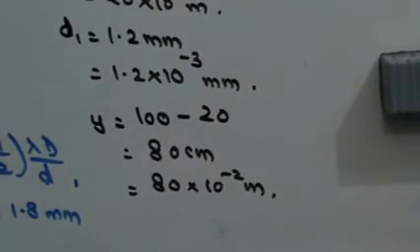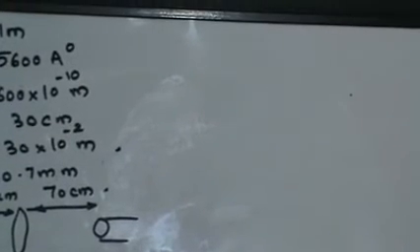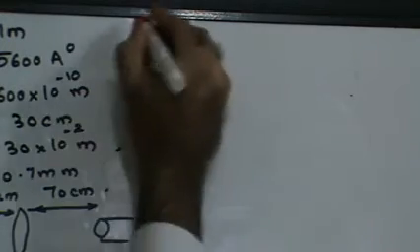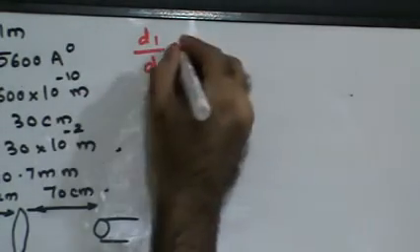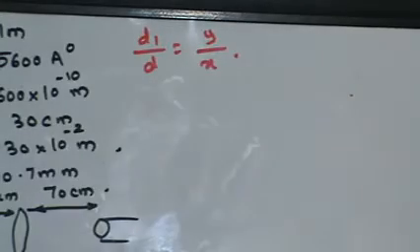Once I know the distance of the image from the lens, I have y. I can find out the distance between the two slits. The distance between the two slits d can be given by the formula d1 upon d is y upon x.